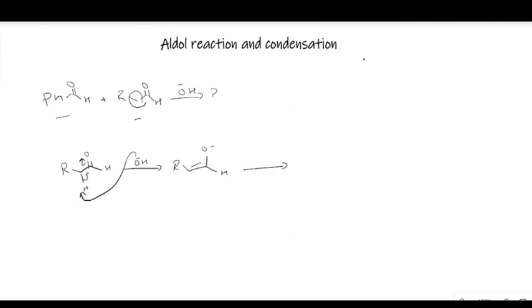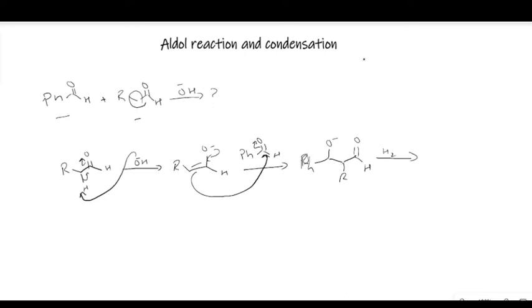This enolate then attacks a molecule of benzaldehyde. So when it collapses back, this carbon attacks the electrophilic carbonyl carbon of benzaldehyde, giving this oxyanion. And this aldehyde is restored again.